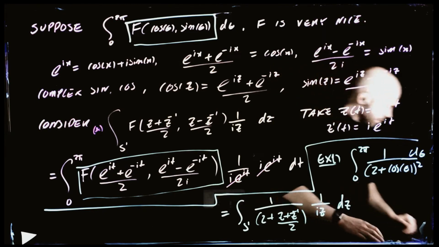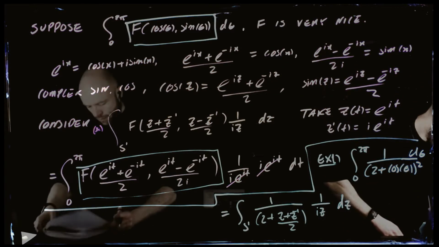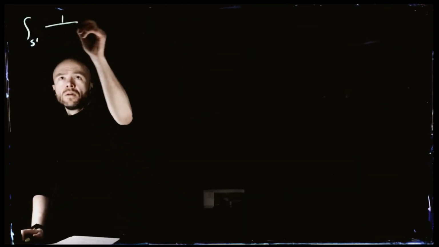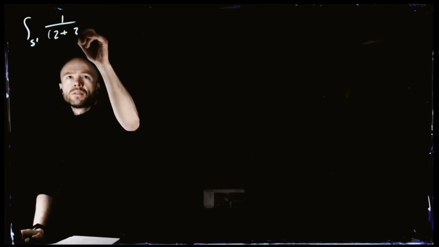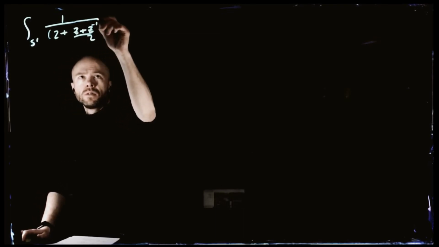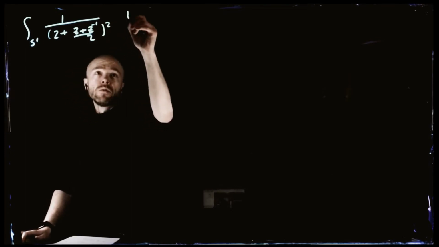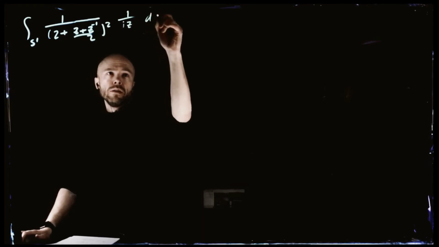So, let me clean the board and then we'll do it. We were doing this, right? We had the integral over the circle of 1 over (2 plus (z plus z to the minus 1) over 2) squared, and then 1 over iz dz.